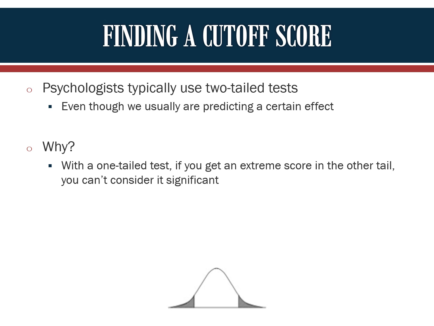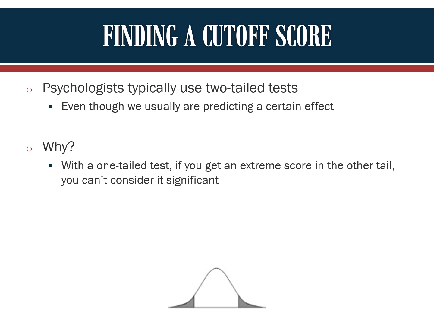It is not uncommon in psychology research for us to predict one thing and find the complete opposite. And you'll see those as you take other classes in psychology. There's tons of examples of totally counterintuitive findings, right, that are opposite of what you would usually predict. If every time we did research in psychology we only used one-tailed tests, every time we got a counterintuitive finding, we'd have to scratch that study and say, oh, nothing happened, and try again with a two-tailed test in order to actually capture that effect, right?